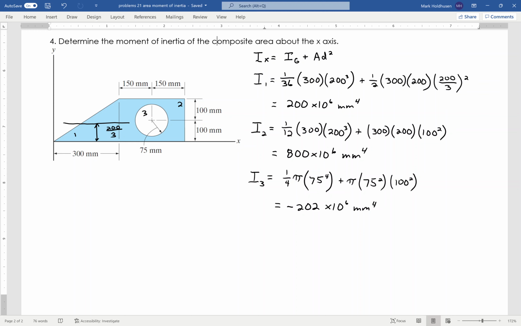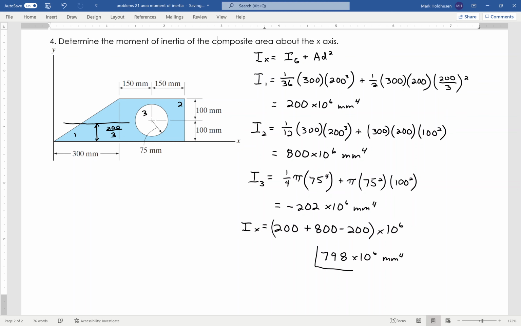It's actually being removed from this, so that when I find my total moment of inertia about the x-axis, I'm going to go 200 plus 800 minus 200. Again, all of these are times 10 to the 6th, and I get 798 times 10 to the 6th millimeters to the 4th.